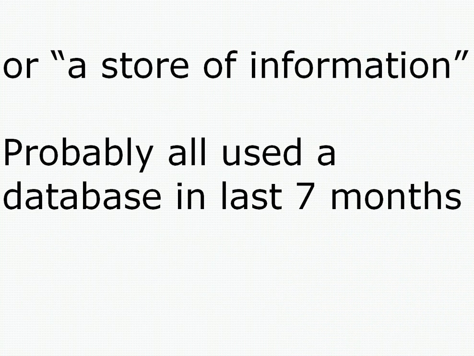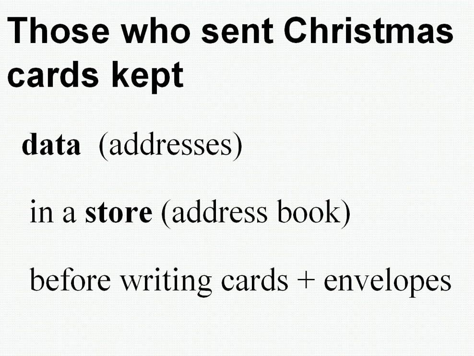Basically a store of information. Probably you all used one in the last 7 months. Those who sent Christmas cards kept data, that's addresses, in a store, an address book, before writing cards and envelopes.